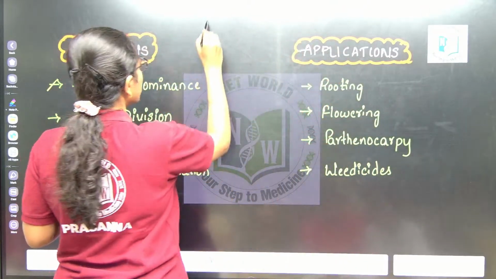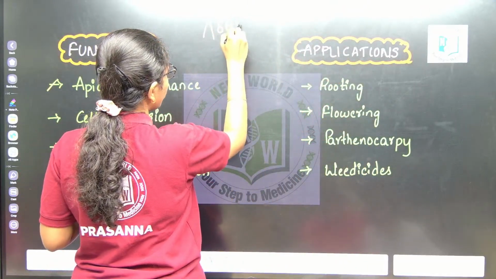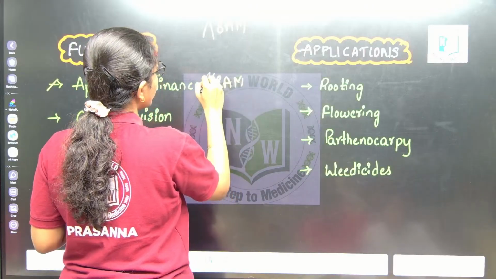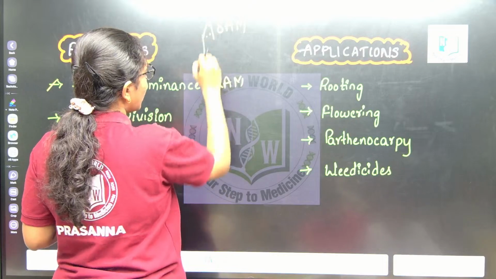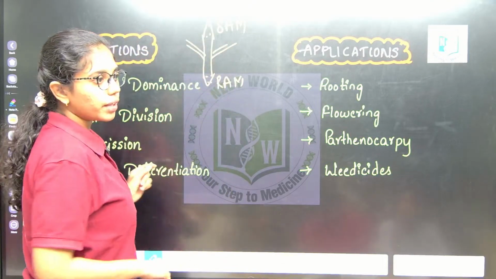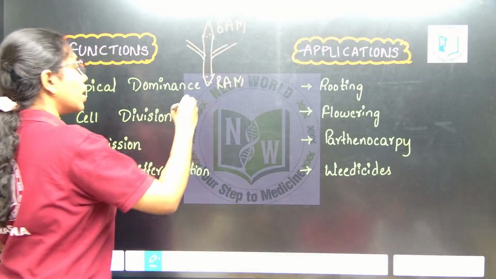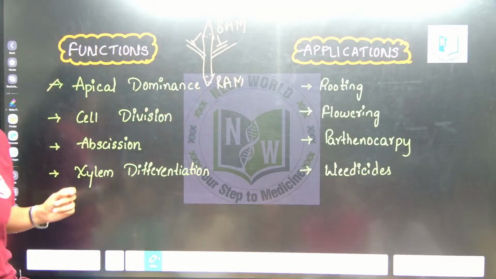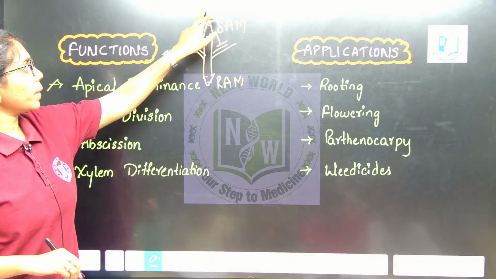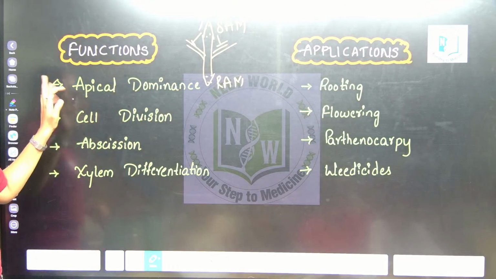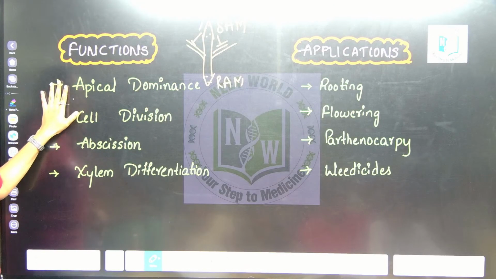So, the auxin at the shoot apical meristem will dominate the growth of lateral buds. In simple terms, it is inhibiting the growth of lateral buds. It will promote the growth of apical buds and inhibit the growth of lateral buds, which is known as apical dominance. Clear with the first function?